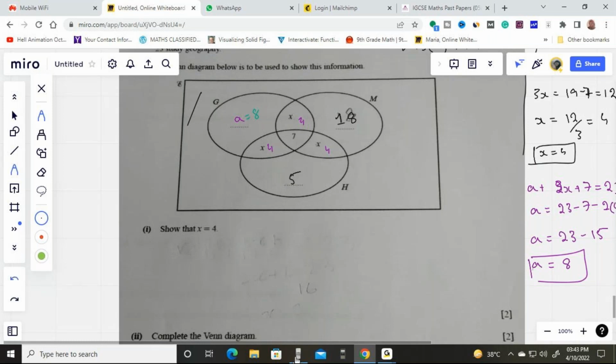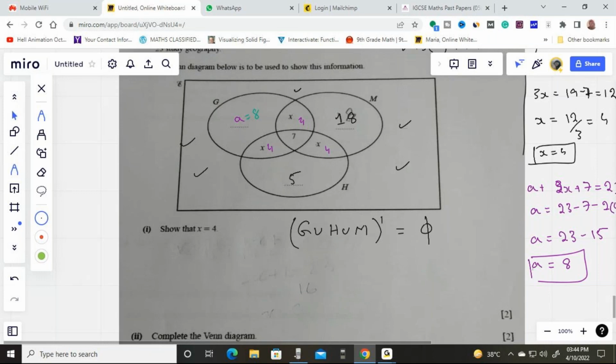This is entirely all 3 circles. I can write them as G union H union M, right? The complement of this is actually the region which is outside, and it is not containing any value. It means that this is an empty set or phi.